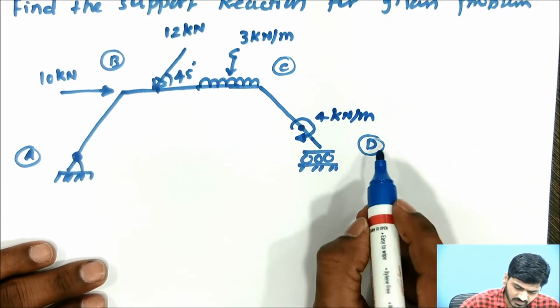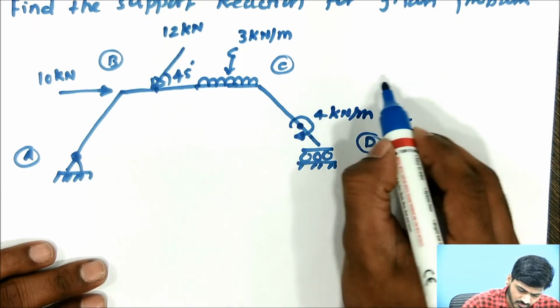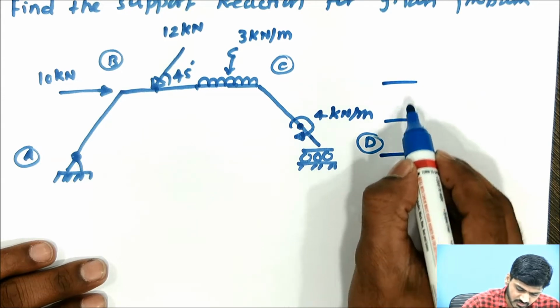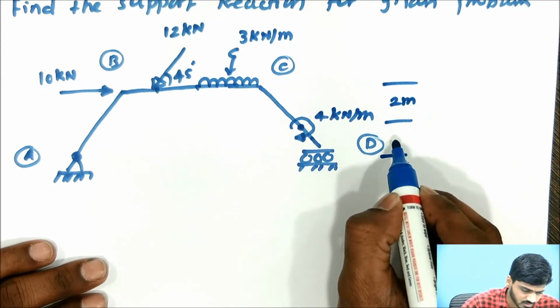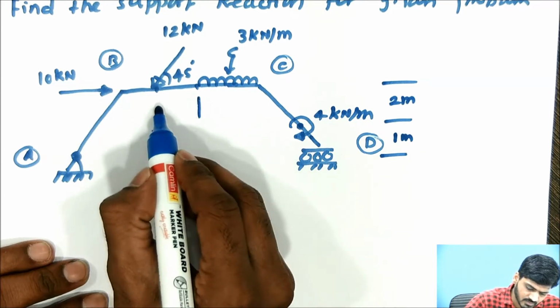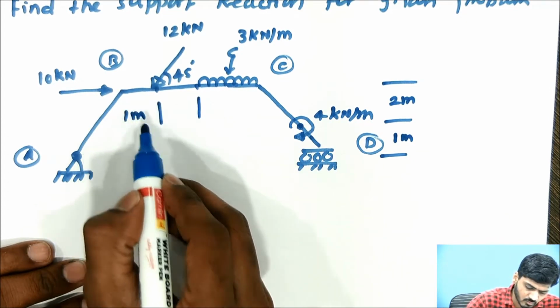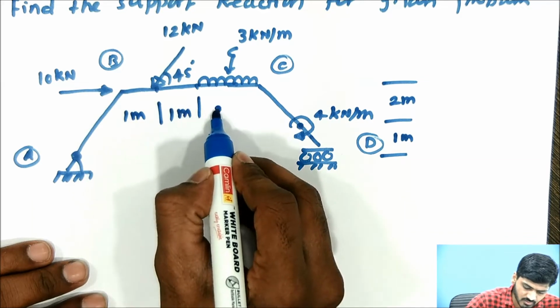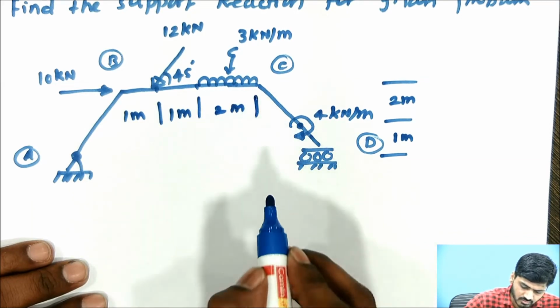We identify the distances. They have mentioned the distances here also. This is 2 meter, this is 1 meter. Similarly, 1 meter, 1 meter, 2 meter.